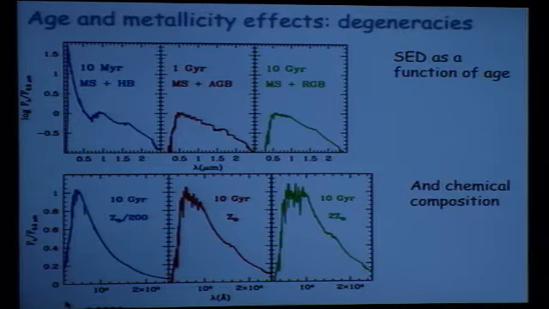The other problem is, this is a sketch of running age. From 10 million years to 1 billion years, there is a strong evolution. From 1 billion years to 10 billion years, much less. This is, however, redshift 2 to 0 in a passive elliptical.